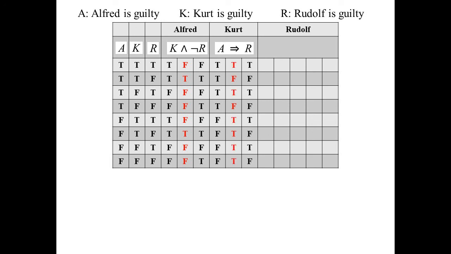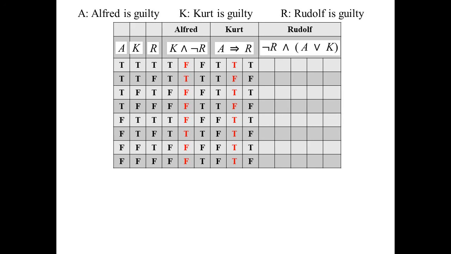Now for Rudolph, his was a little bit more complicated. We have not R. So Rudolph is innocent and either A or K. Put in the values for A, K, and we negate the R. The parentheses, just like in maths, we do the inside first. So first of all, we have a look at A or K. And when we had A or K, it was only false and false that became false.